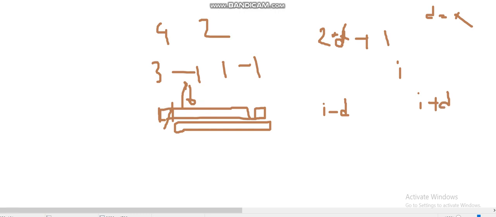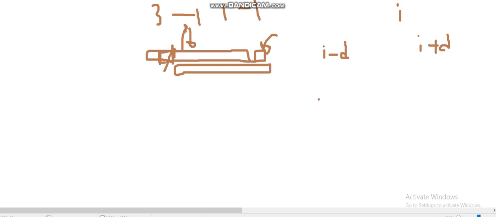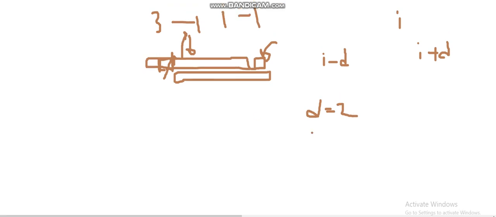So we can shift one position, left shift this array, and add one element. For example, if d equals 2 and i equals 3, we can place 1 2 3 4 5 in this position.